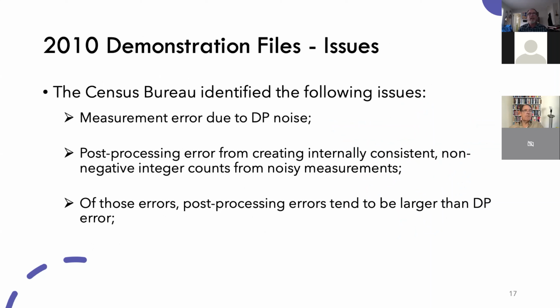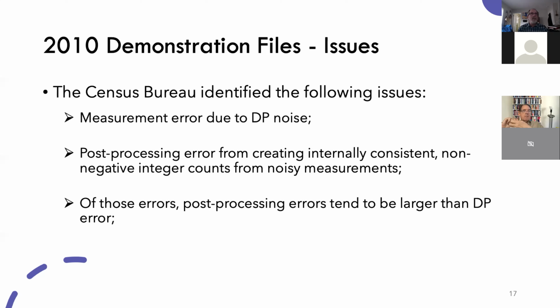So, the 2010 demonstration files. The Census Bureau heard these criticisms, attended a lot of the presentations, and they went back through and looked at their methodology and identified the following issues. That measurement error was caused as a result of differential privacy noise.